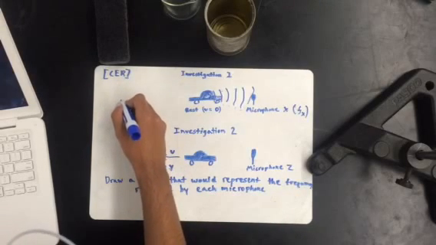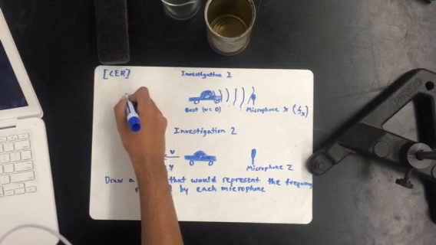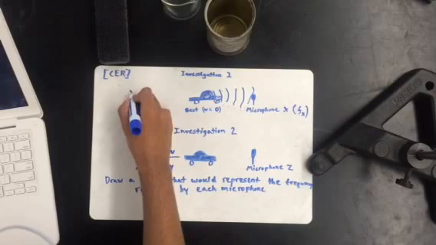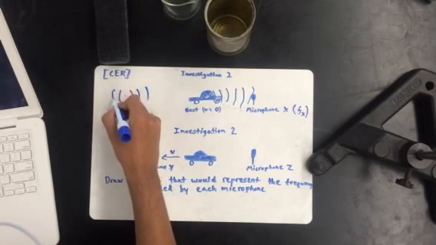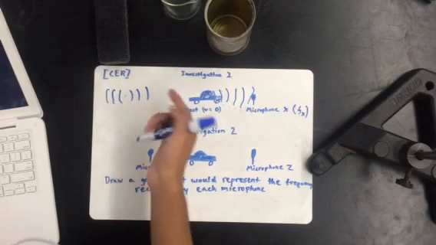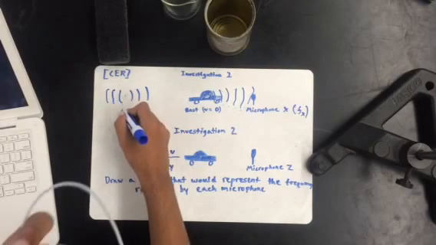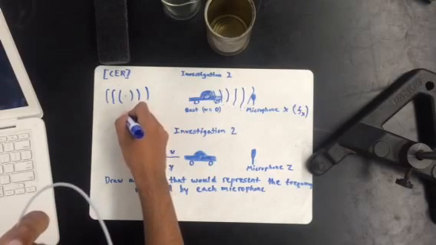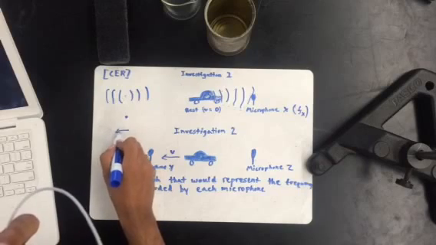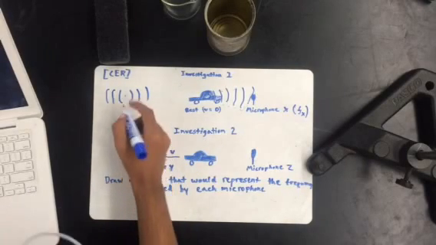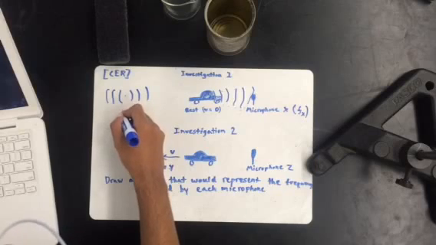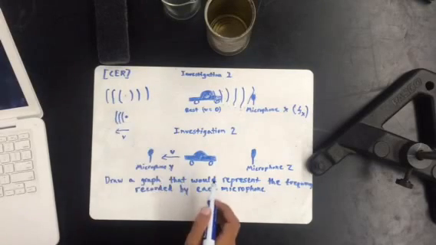So if just to the side we draw a visualization of what that is, so let's say that normally it'll be something like this. So we'll have waves coming off of it. They're all supposed to be the same distance, but I just can't draw. But what we see is that if this object is moving to the left at velocity v, what's going to happen is that this microphone is going to see the waves as more squished, so they'll be more compressed like that.